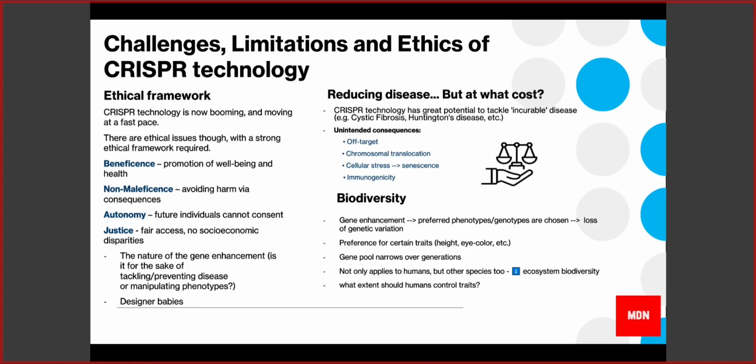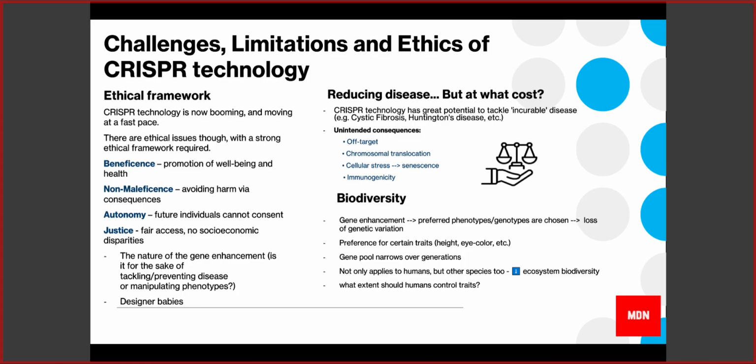And then chromosomal translocation. Chromosomal translocation is when a section of a chromosome moves or becomes located to a different area. This can activate oncogenic genes, which can potentially cause cancer, and this can also cause other problems as well.